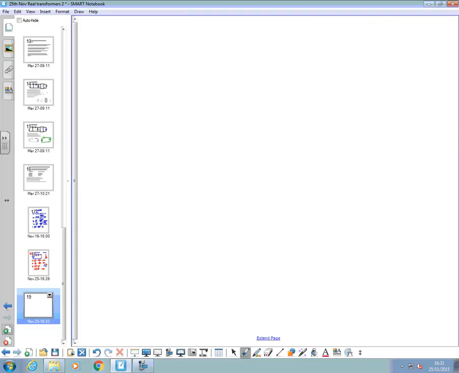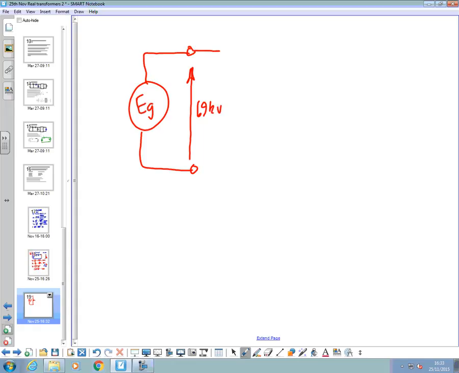Right, what I'm going to do now is go on a new page and draw out what we got here. There's our generator, that's delivering 69 kV.